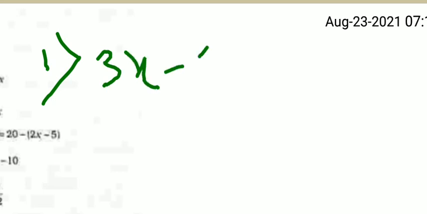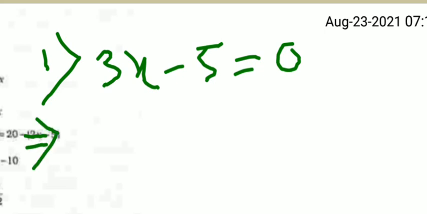Since the equal sign is already given, no need to write it again, just write 'implies'. The main rule is that all variable terms should be written on the left hand side and all numerical values on the right hand side.